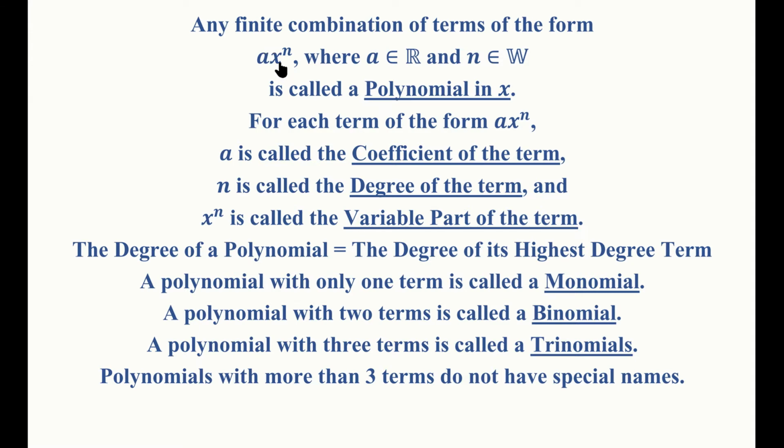Now, that exponent which creates this power is going to have a very specific form. It has to be a whole number. If you recall, the set of whole numbers is the set which starts with 0 and then goes on to 1, 2, 3, etc.